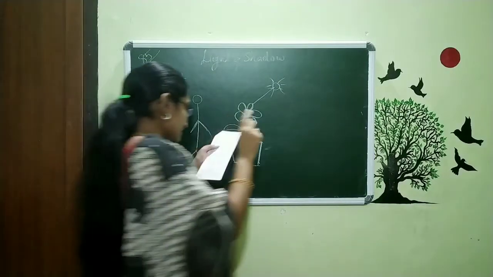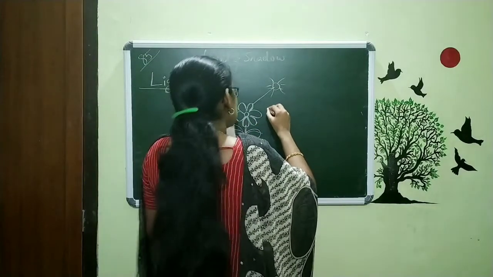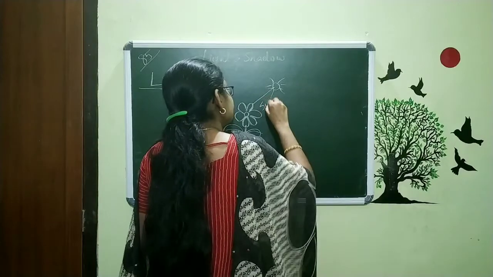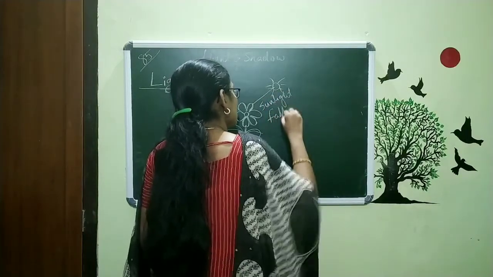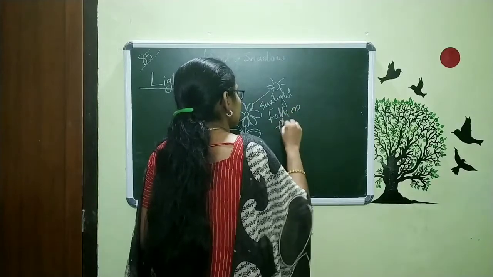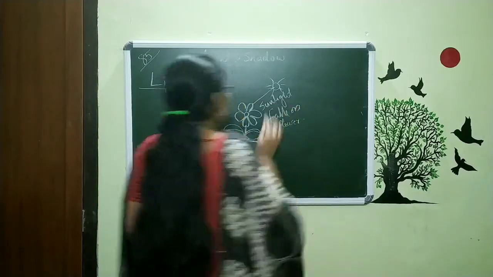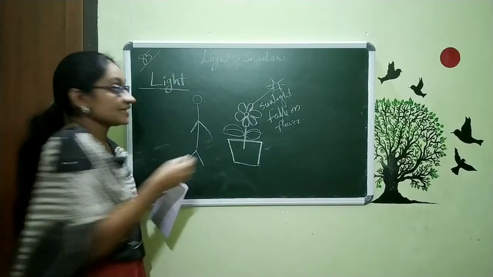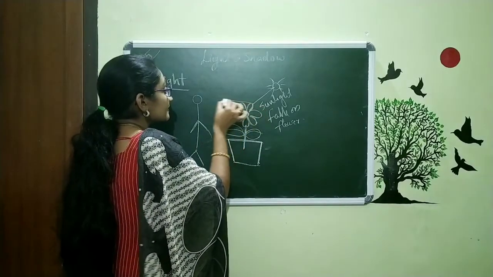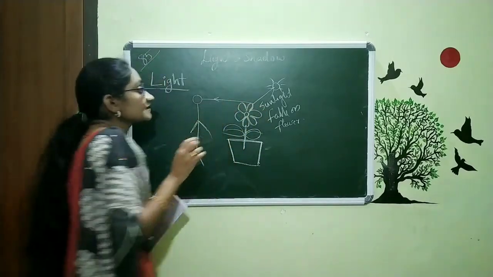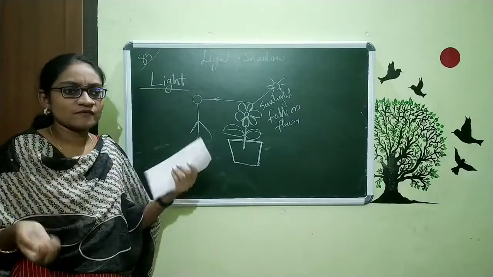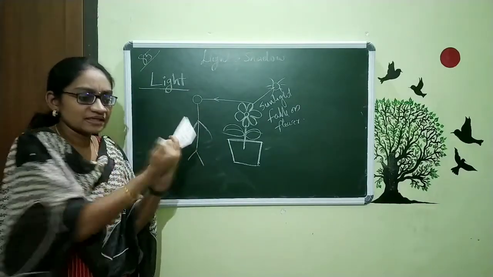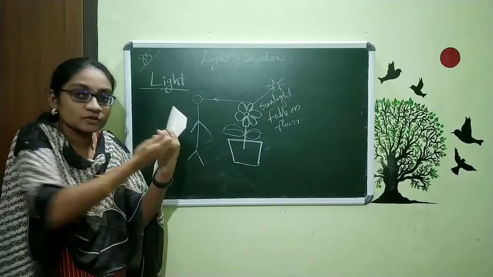The sunlight falls on the flower, and then it is getting reflected. Reflected means bounce back. When I am hitting this hand, it bounces back, hitting and going back.